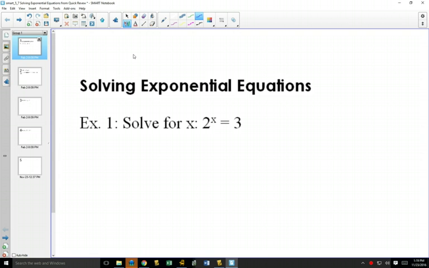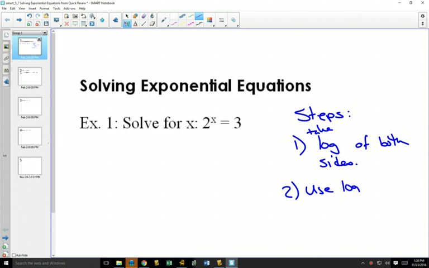So as far as steps that we're basically going to follow each time, the first step in an exponential equation is that we're going to take the log of both sides. That's often going to be a first step. And then your job is to use your log laws to move the variable, I'm just going to put x in brackets, out of the exponent.